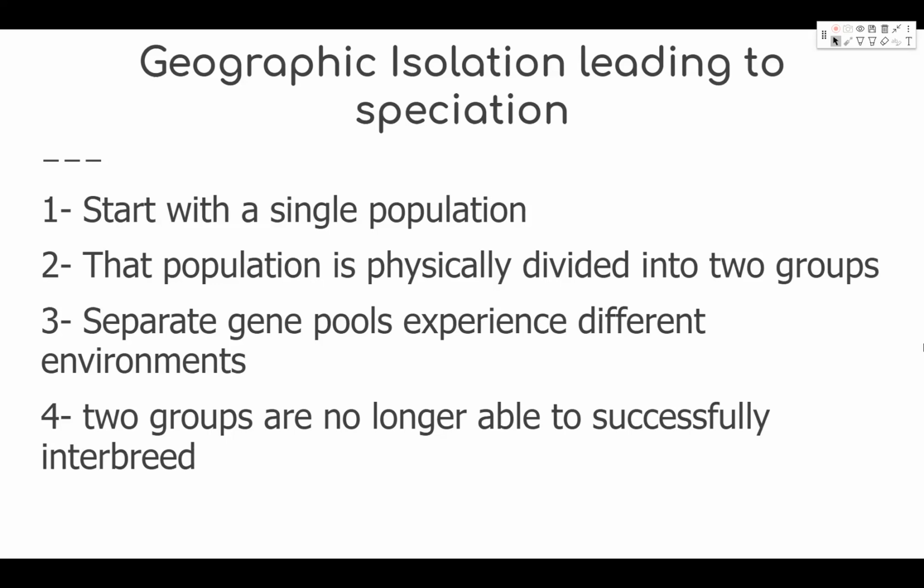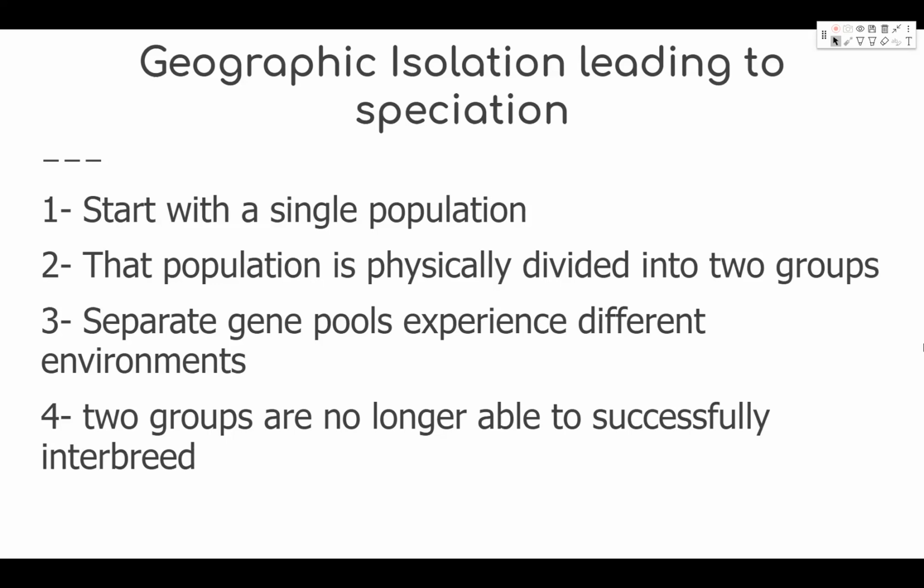Something happens, and that population is divided into two groups. Let's say a dam bursts, and now there is a river running through this population. We are physically divided into two groups.